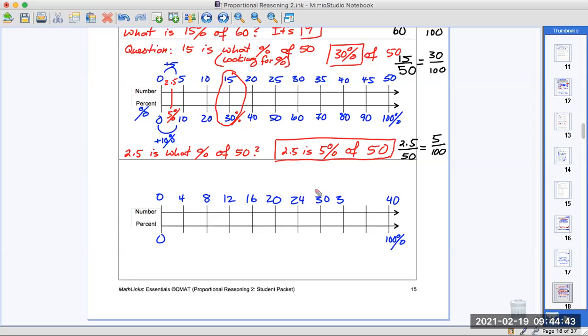Yes, see, right in here. I went astray. 4, 8, 12, 16, 20, 24, 28, 32, 36, and I'm going up by 10%. So all these numbers down here are percent.